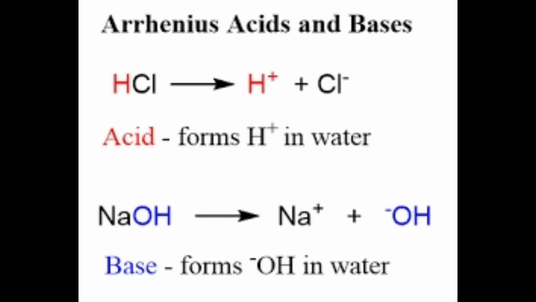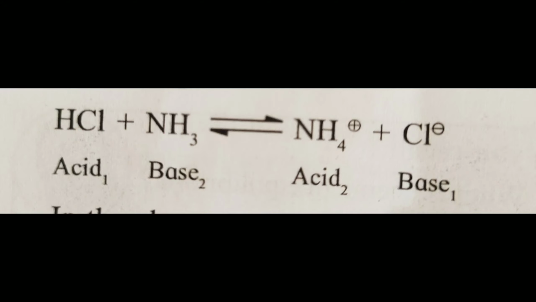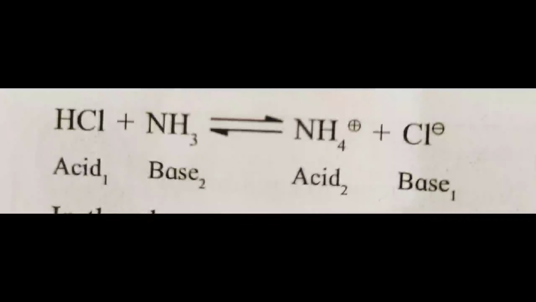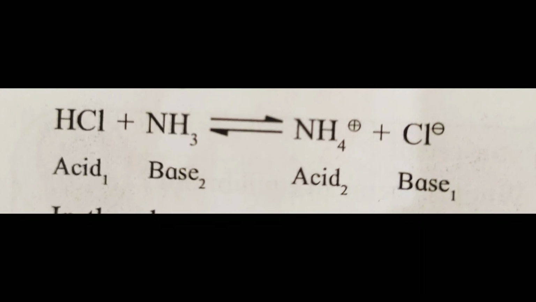Let us recall the three theories and their examples. First, Arrhenius: HCl gives H+ and Cl- ion, for acid; NaOH gives Na+ and OH- ion, for base. Second theory: HCl plus NH3 at equilibrium gives NH4+ and Cl- ion.